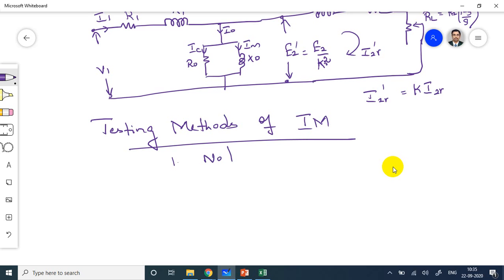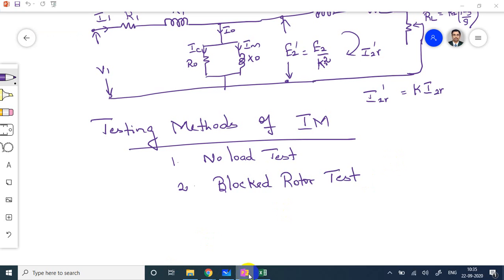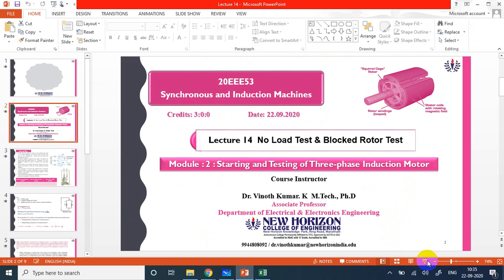One is the no load test, another one is the blocked rotor test. These two testing methods we'll now see in the PPT.